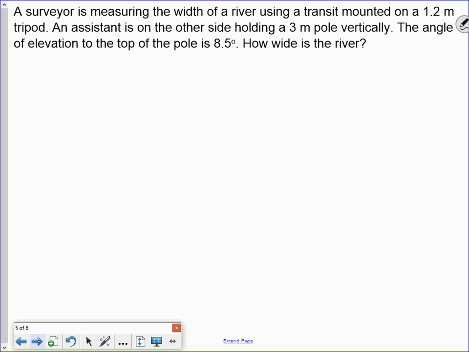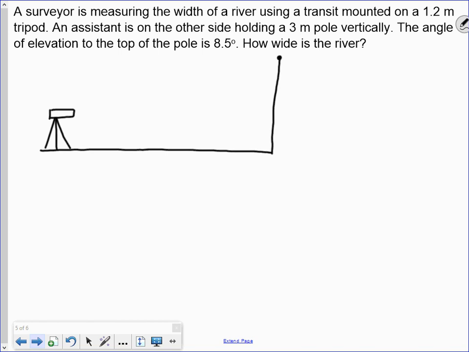So we've got a little tripod here with our transit, which we can think of like a little telescope kind of thing. And this is on one side of the river, and then the river would be coming across here like this. And then on the other side, we've got this big pole here, which they tell us is 3 meters tall.